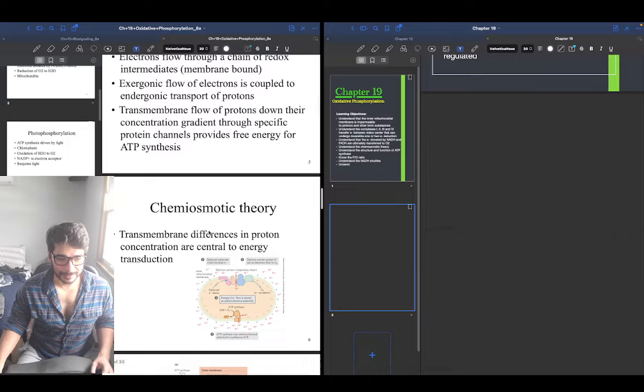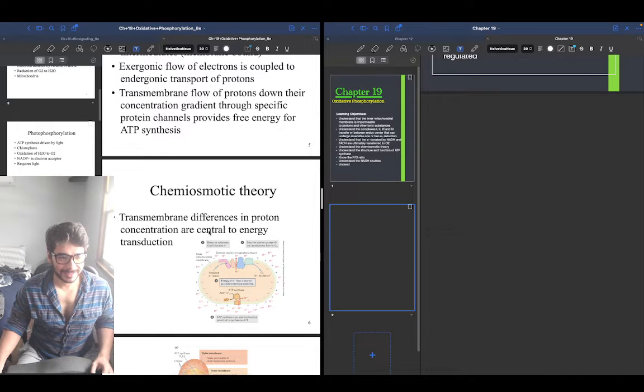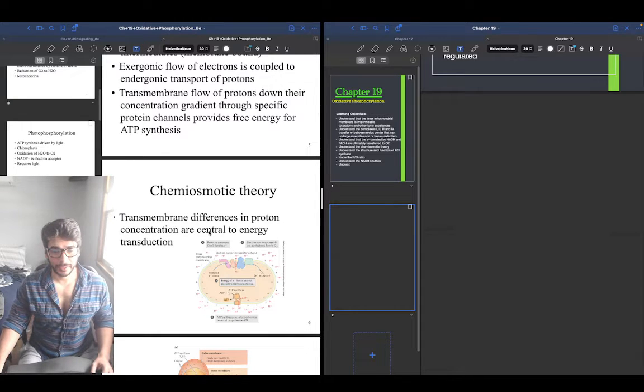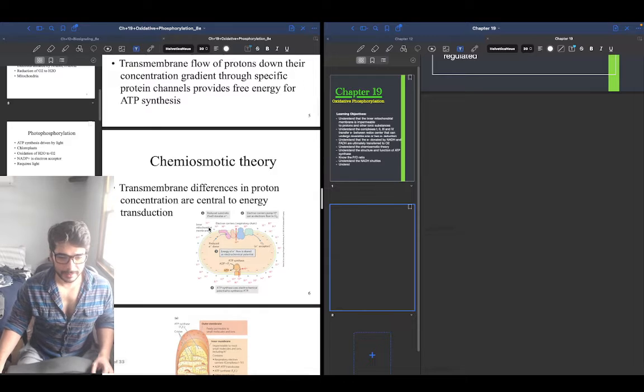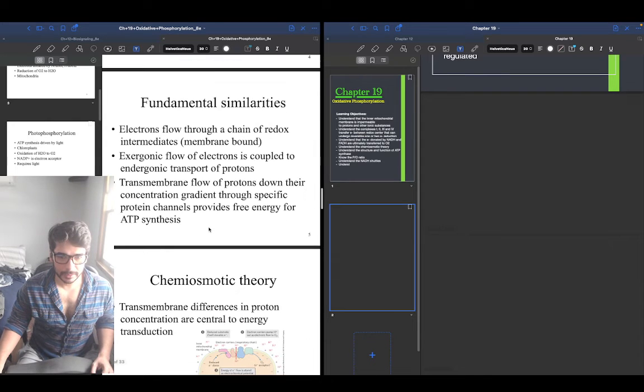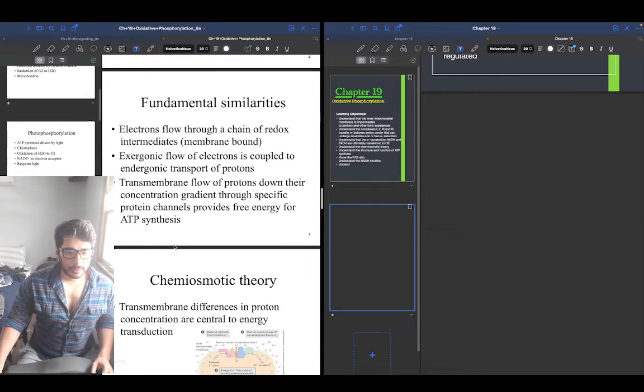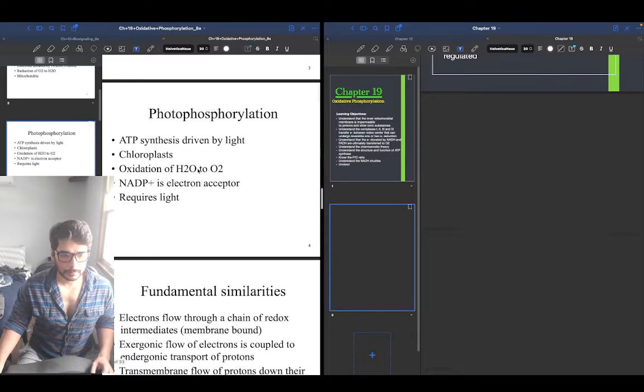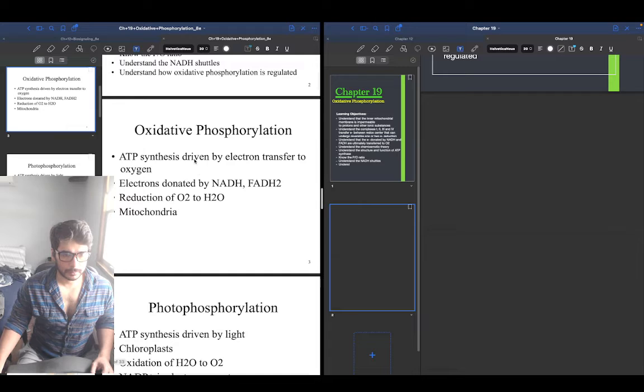Oh, now she wants to put a bunch of words. Okay, so that backfired. So let's retrace. Oxidative phosphorylation.